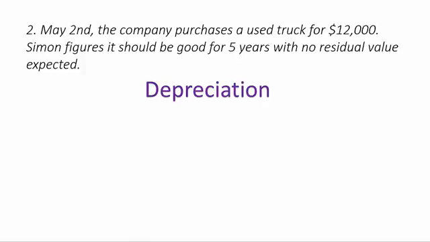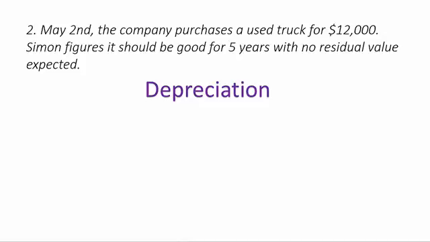Depreciation takes the cost of the asset and smears it over the economic life, in this case, 5 years. There's more than one way to calculate depreciation. Straight line is a very common method, which means simply taking the $12,000, dividing it by 5 years to get $2,400 per year, which works out to $200 per month.